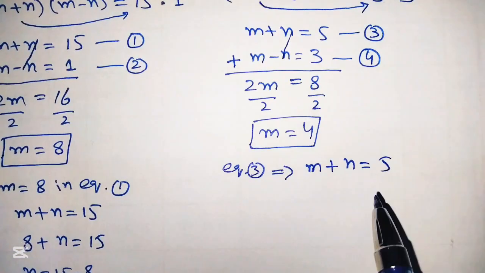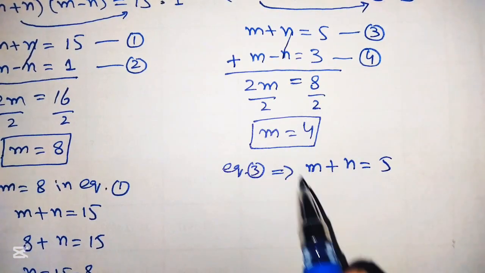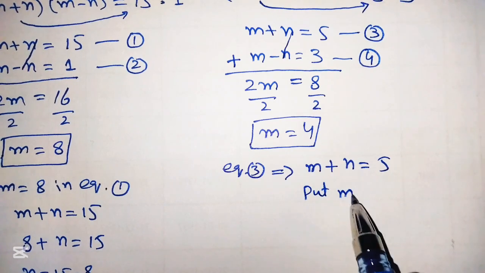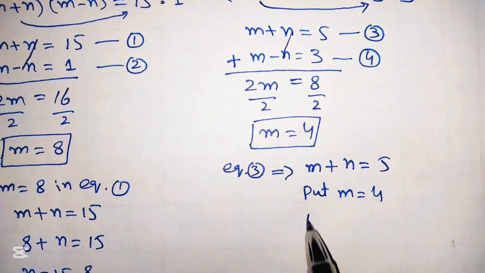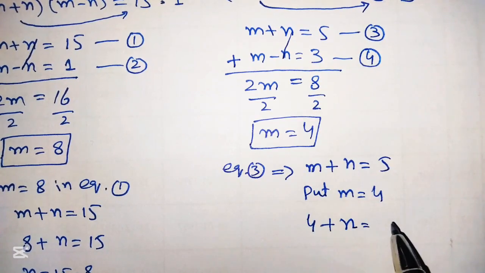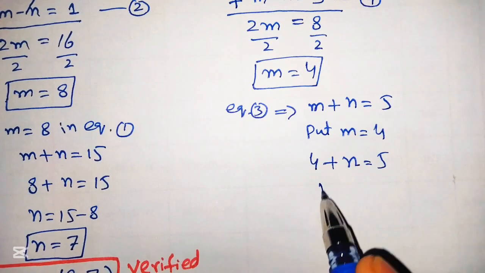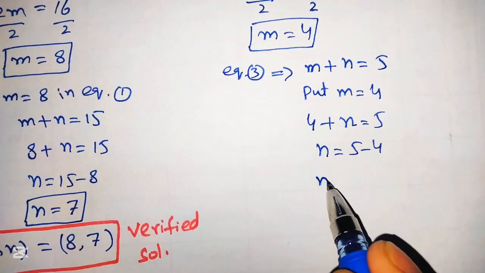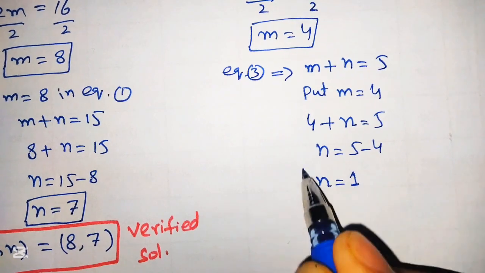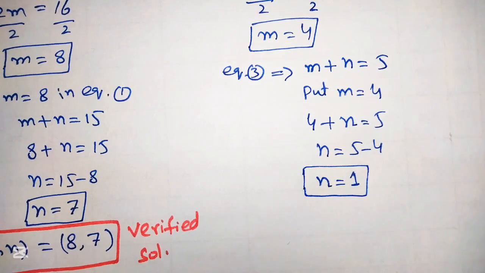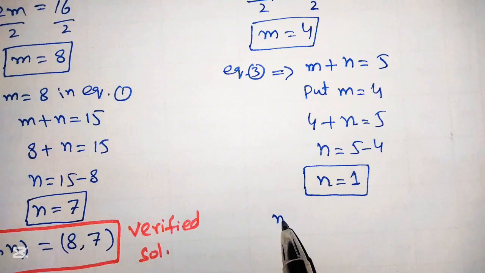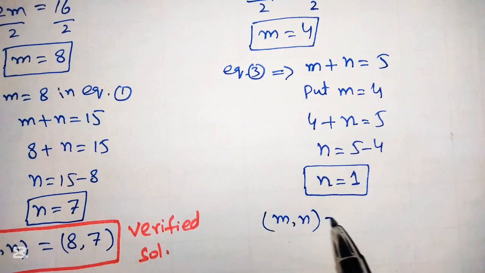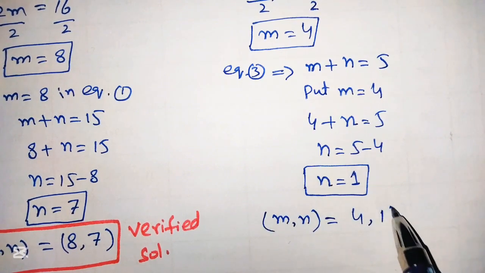We put m is equal to 4 in this equation. So 4 plus n is equal to 5, and from this n is equal to 5 minus 4, which is 1. This is the value of n. So this is the second solution pair, that is m, n is equal to 4, 1.